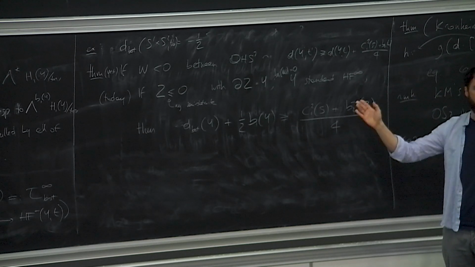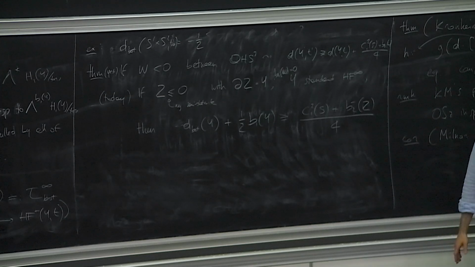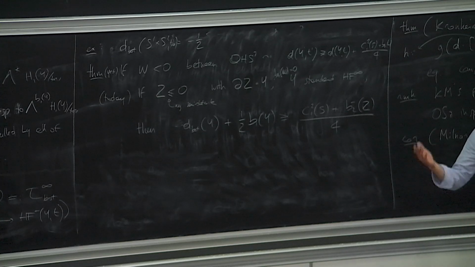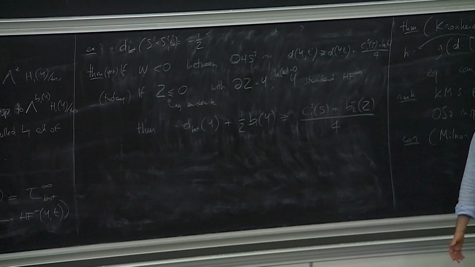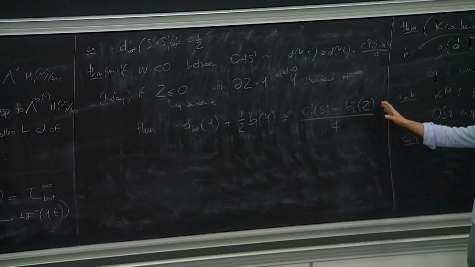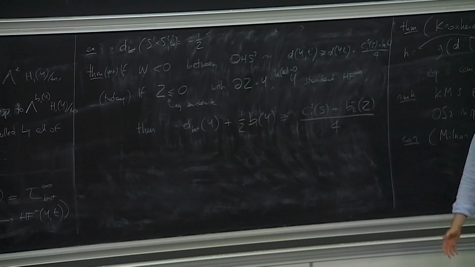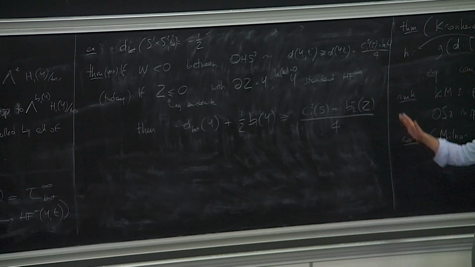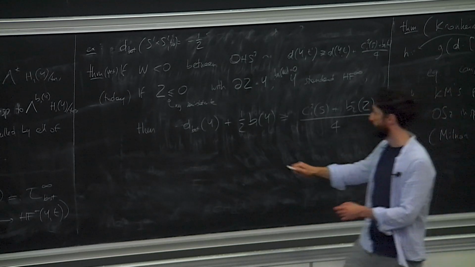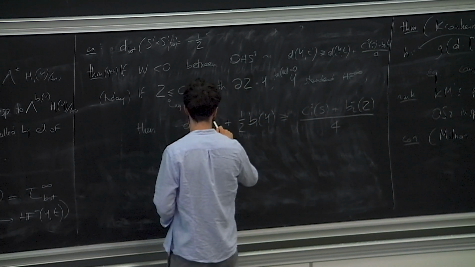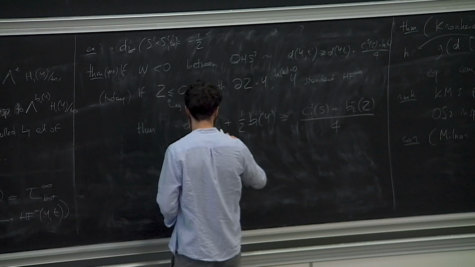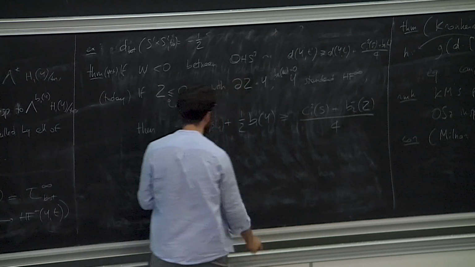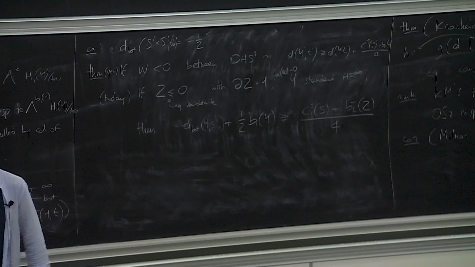I can tensor it over R, diagonalize it over R, and count the number of minus ones, by Sylvester's inertia theorem. Or I can think about it as the maximal number of pairwise disjoint surfaces of strictly negative self-intersection that I can embed in Z. These are equivalent definitions. And this is the bottommost correction term of s restricted to Y. So this is the spin C structure of s, and I'm restricting it onto the boundary.